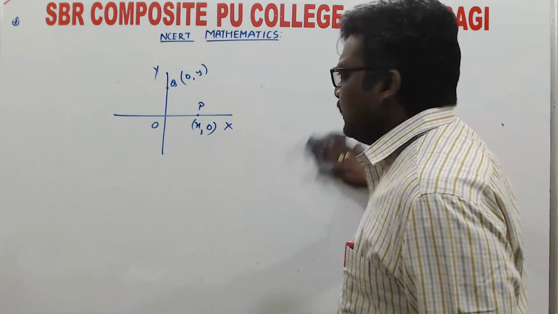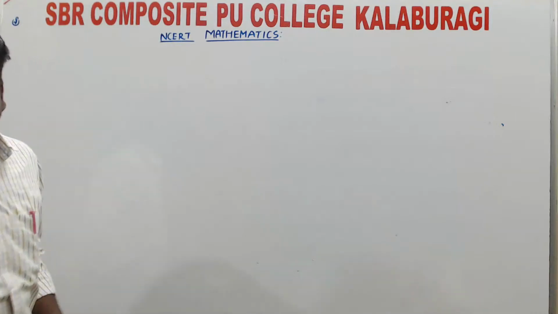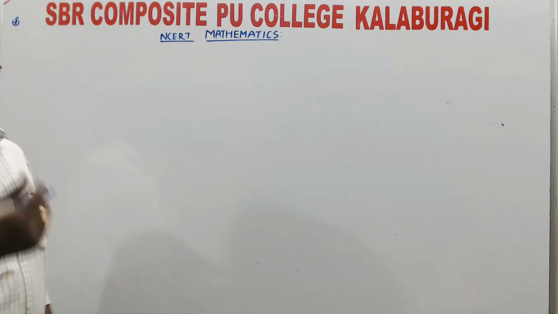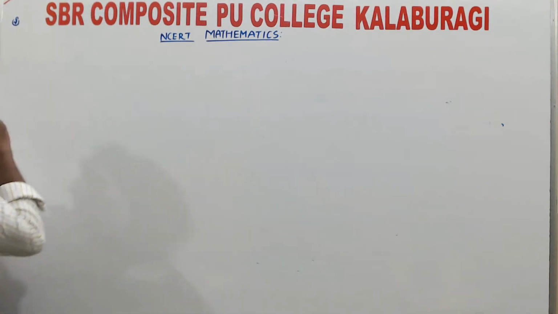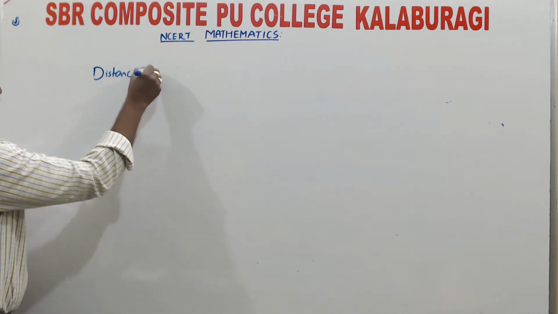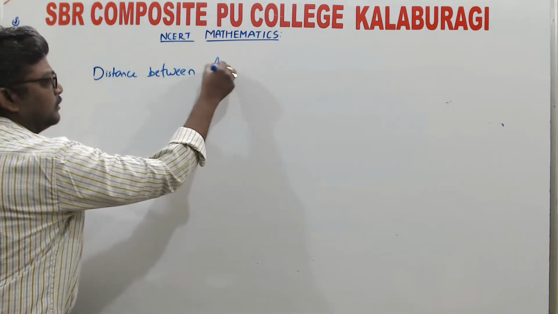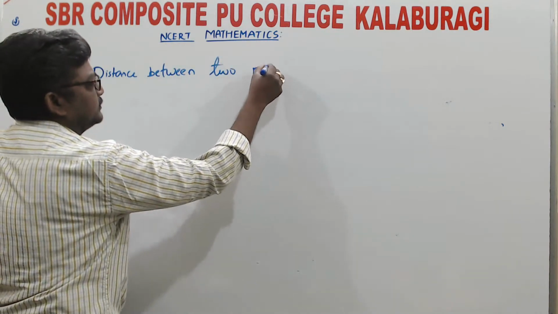We are just recalling the formulas which are used in analytical geometry, and we will move to the topic straight lines. Here, next, we have learned the distance between two points.